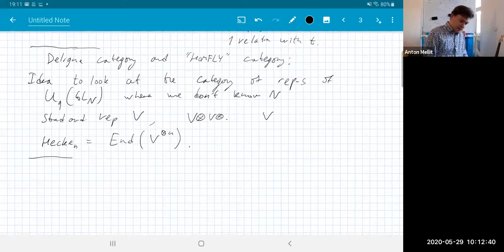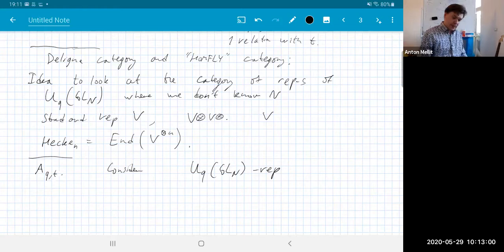Now let's do this for AQT. So what is this AQT? Let's consider the category of U_q(gl_N) representations, but let's also consider some distinguished object.